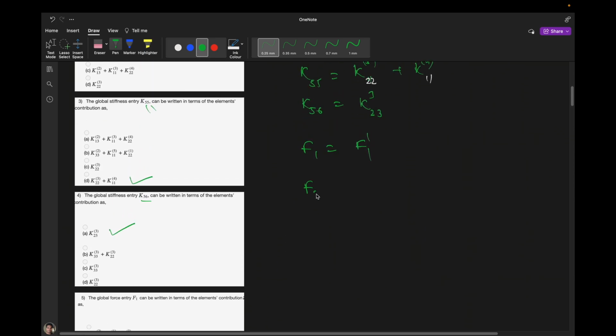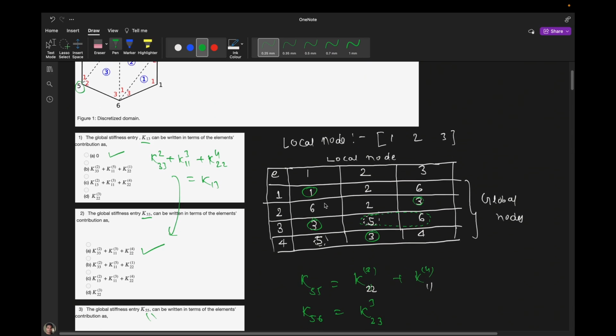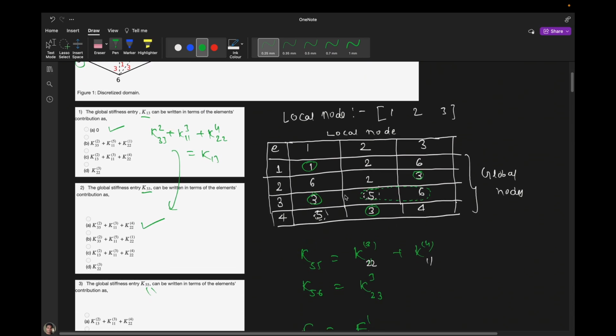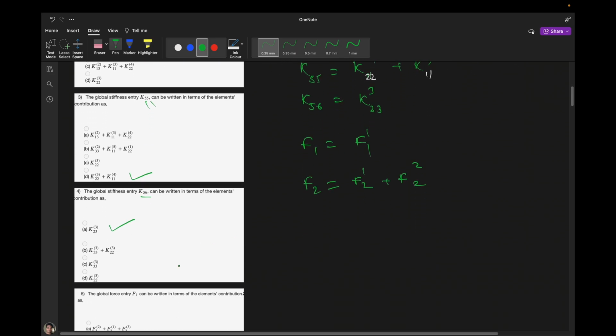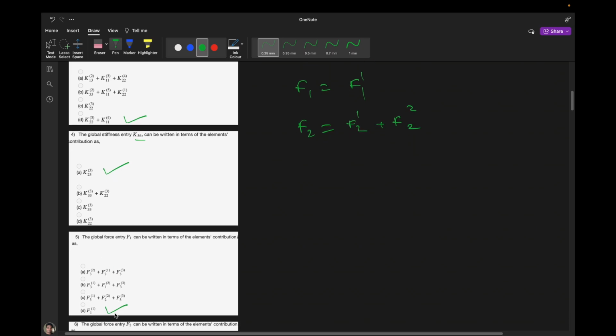Now it is saying what is F2. So we need to search 2. So here it is 2, here it is 2, which means that it will be shared by element 1 plus by element 2. And for element 1, what is the local node? 2. And for element 2, what is the local node? 2.